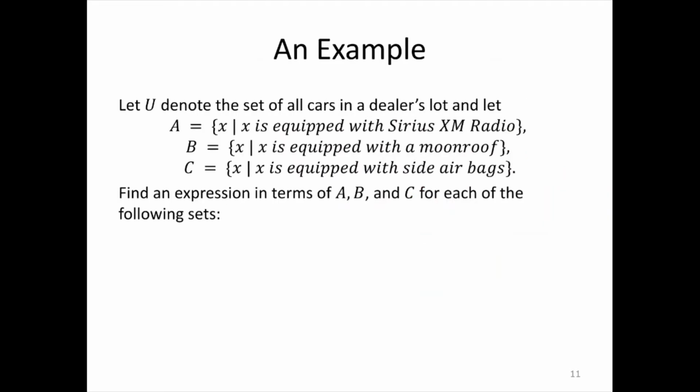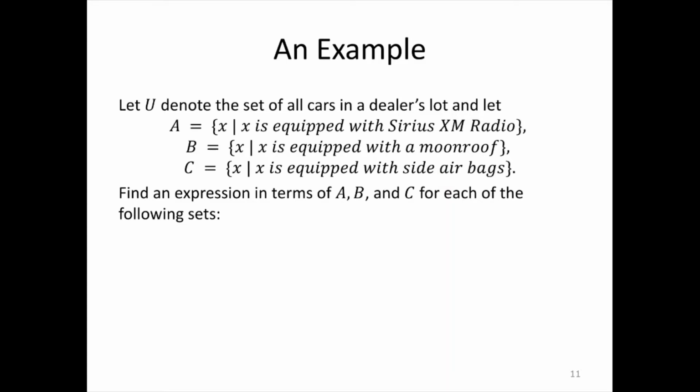Okay, so let's see one example. Let U be the set of all cars in the dealer's lot. A is the set of cars equipped with an XM radio, B is the set of cars equipped with a moonroof, and C is the set of cars equipped with side airbags.